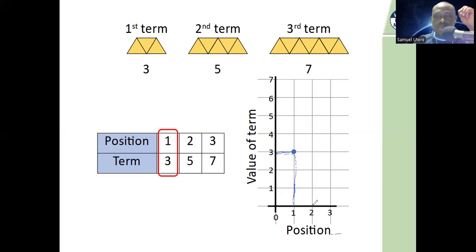When it's in position 2, the value is 5. When it's in position 3, the value is 7. Okay, so your graph will now look like this.